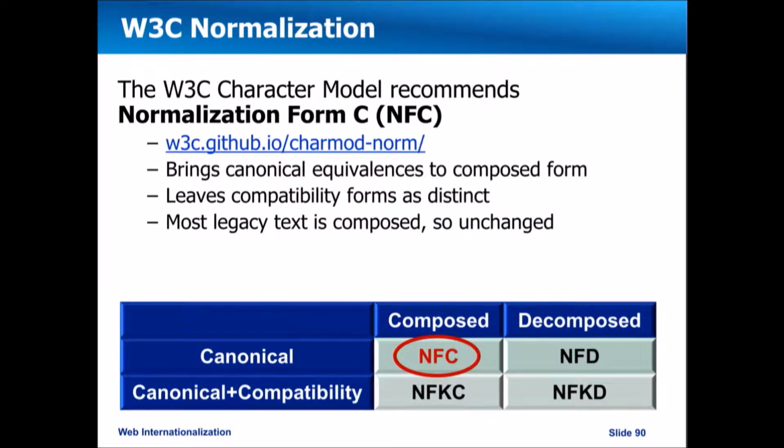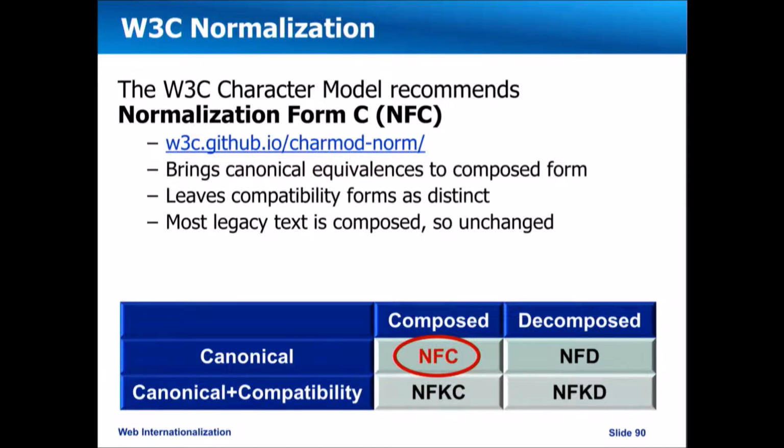The web said for HTML, we want normalization form C. Put all the characters into a composed form because it's most efficient, but also we don't want to change superscripts to regular characters, right? Those typographic differences can be important to the meaning of the document. So they said we can only do canonically equivalent composition, and we'll put it in composed form, and that's the standard here.